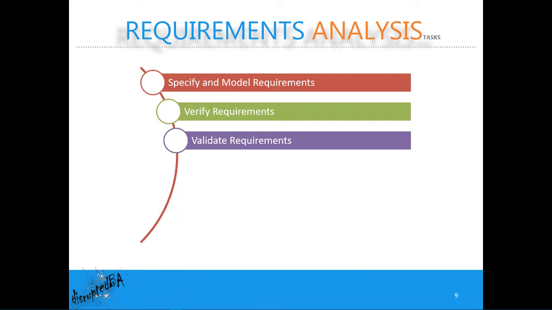Then the next task is we need to validate the requirement. Now, verify and validate are two different things. Verify only tells me whether this is a requirement that complies to certain criteria. The validate will actually tell me whether the requirement supports our cause.